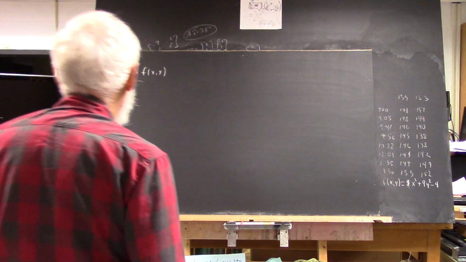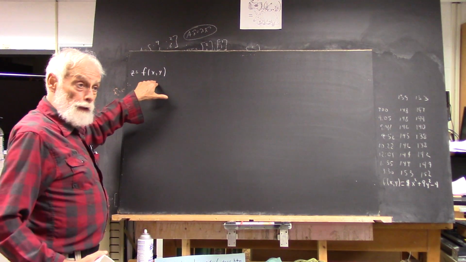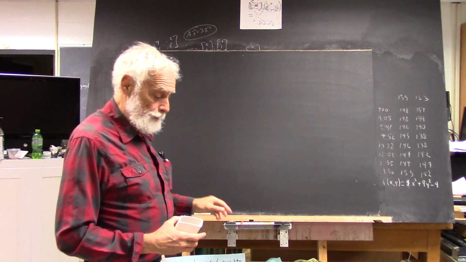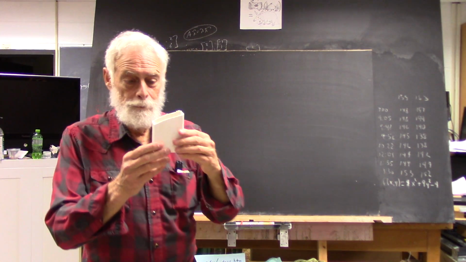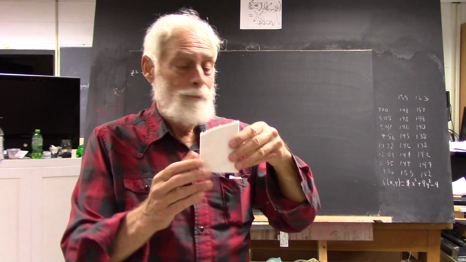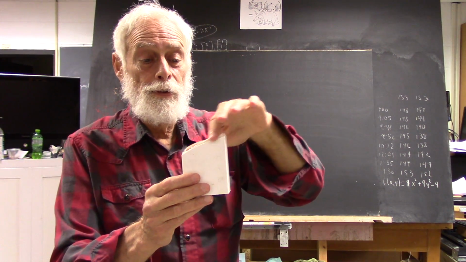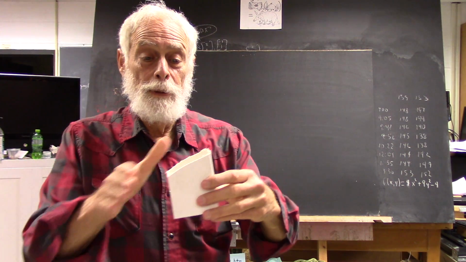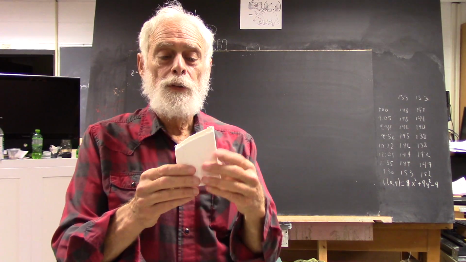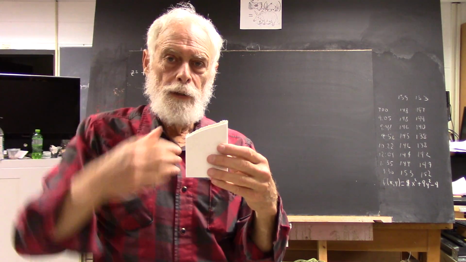Okay, so we've got some function z equals f of xy, and I want to talk about partial derivatives. So I'm going to use this little thing here. The xy plane is here, and the top of this thing mimics the surface of f of xy. This is just a slice out of the f of xy graph.